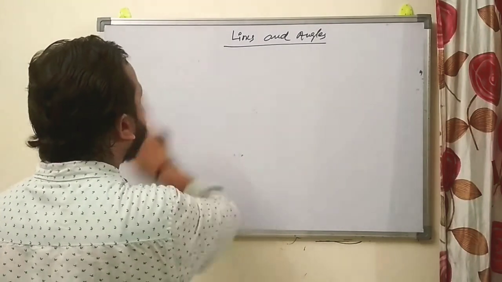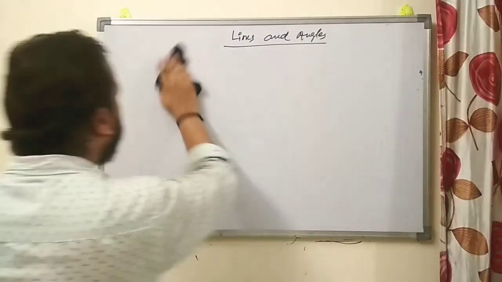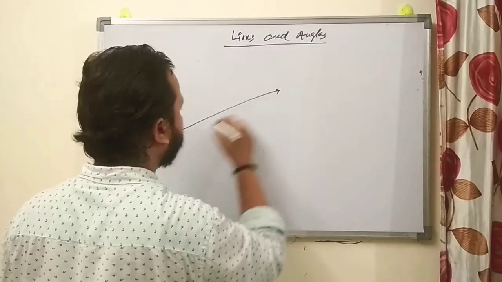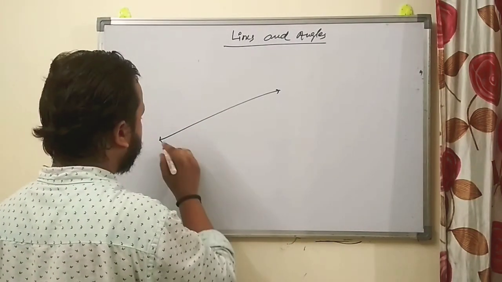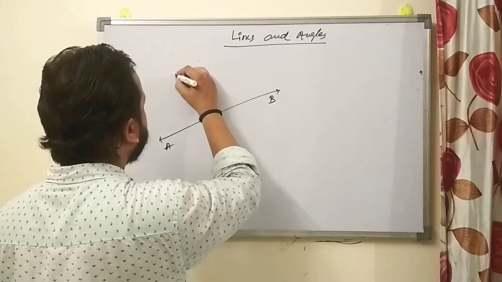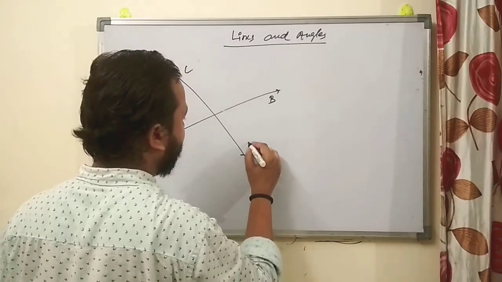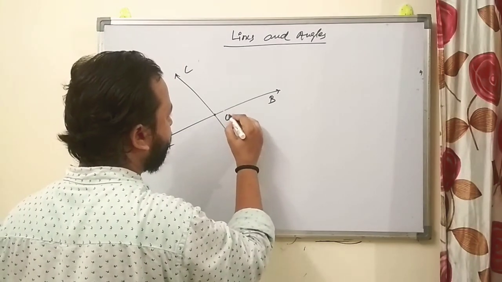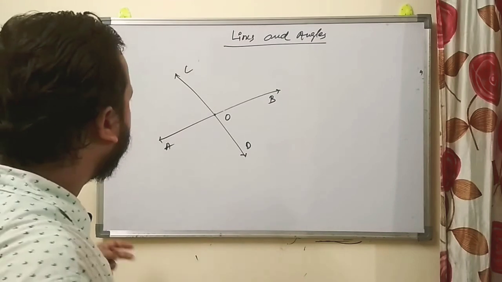Now, if there are two lines, suppose this line is AB, another line is CD, right? And they intersect at a point, suppose O, right?